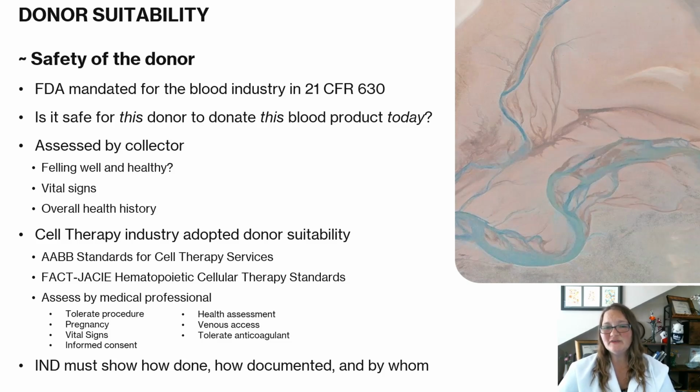It also may include an assessment of the donor's ability to tolerate the anticoagulant, anesthesia, or other medicines involved in the collection process. In the IND application, FDA will want to know how donor suitability is being determined, how it's documented, and who's responsible for making the determination.